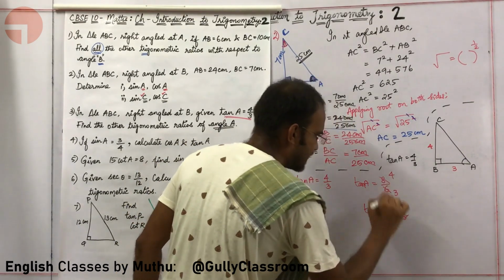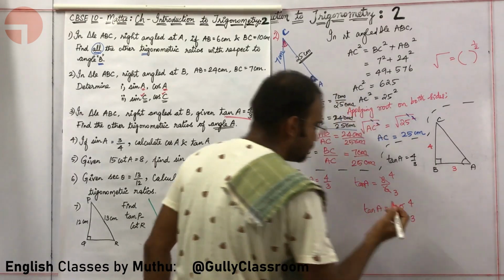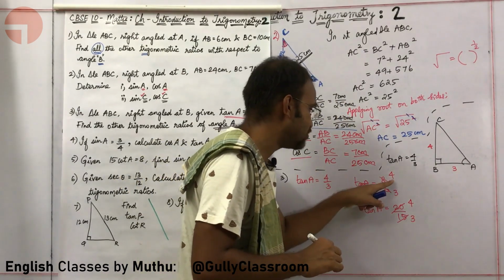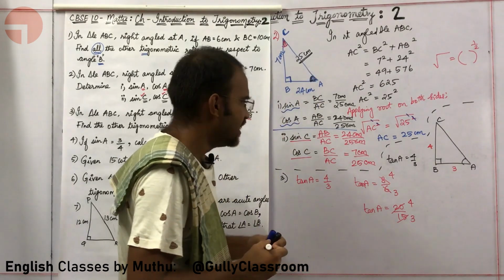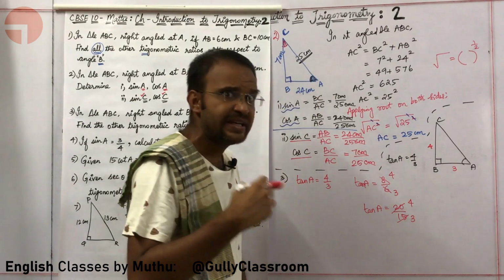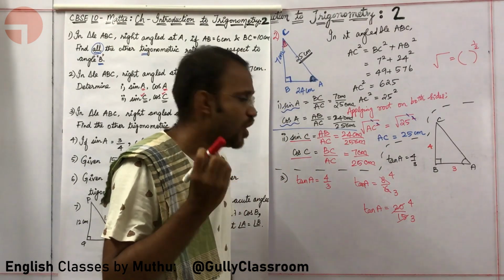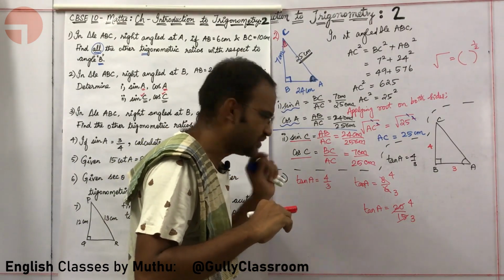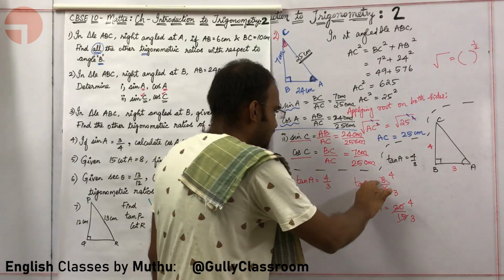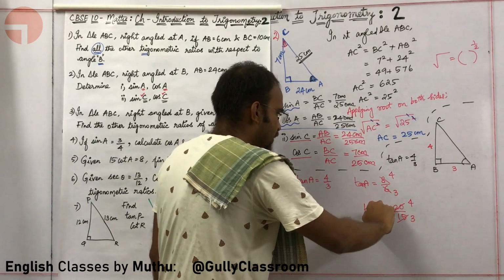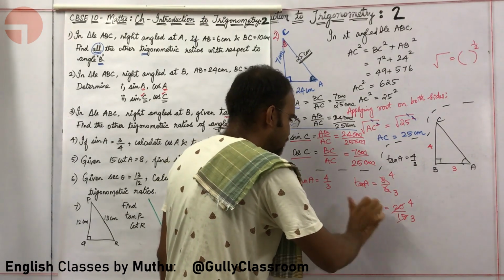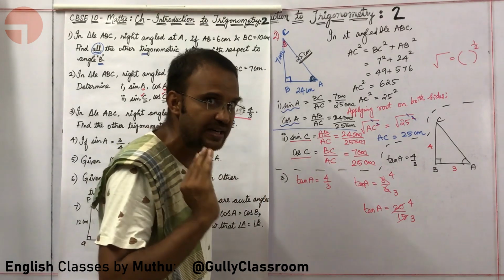Once more I can cancel them and get 4 by 3. Which means for tan A equal to 4 by 3, it can be 8 by 6, 20 by 15 or any such multiples of 4 and 3. Look here, 8 is a multiple of 4, 20 is a multiple of 4, 6 is a multiple of 3, 15 is a multiple of 3. Are you able to understand this?